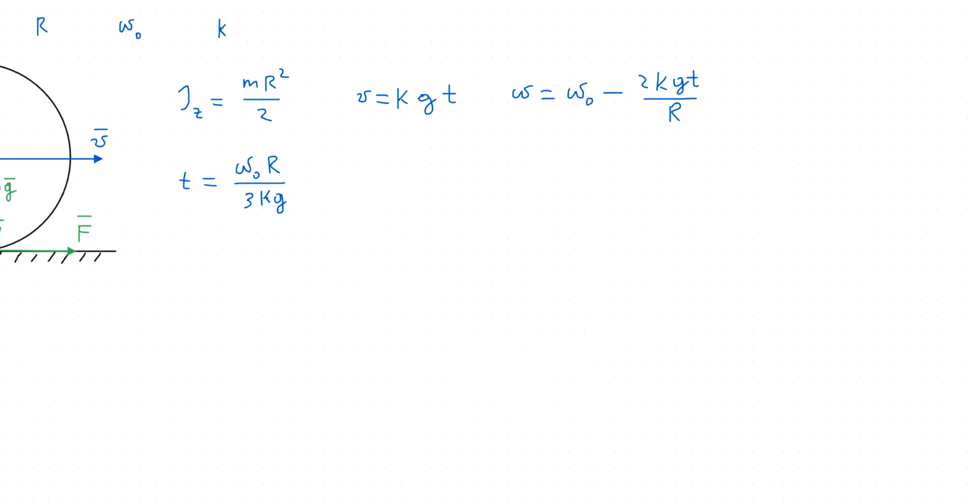This is the time of slipping motion. Okay, and the next part of this exercise is to find the work of the force of friction that acts on the cylinder sliding. Work of force of friction.